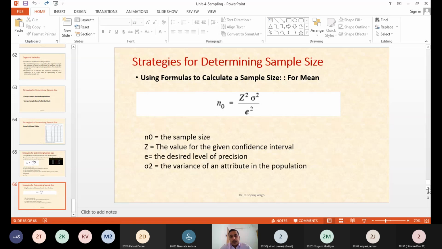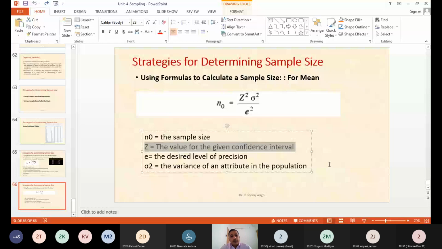This formula is also simple, which says that n0 is equal to Z square sigma square divided by e square. This is a similar formula wherein n0 is the sample size, Z is the value for that particular confidence level which can be taken from the table, and E is the desired level of precision which we discussed in the earlier formula.